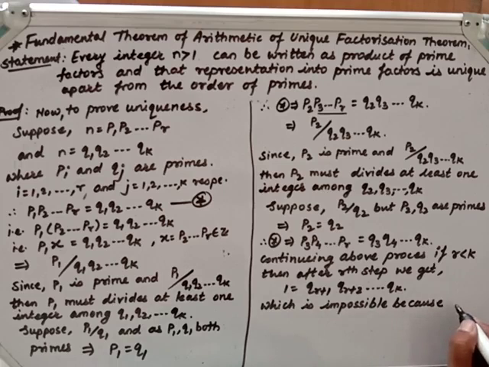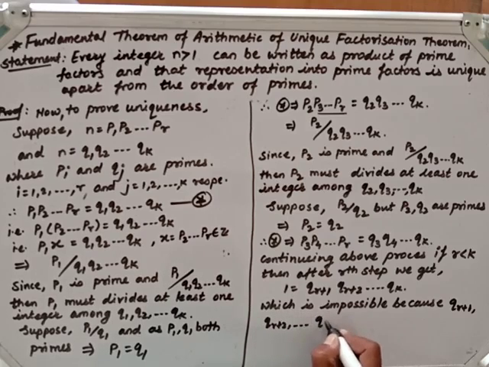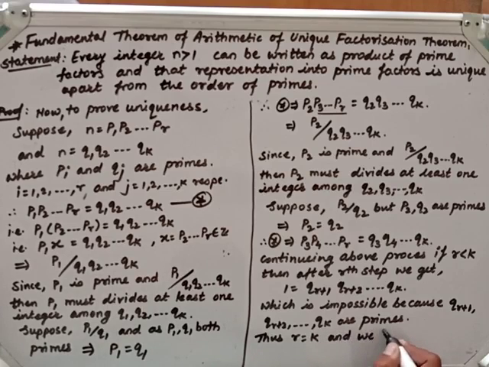So here q(r+1), q(r+2) and so on up to qk are primes. Thus r must equal k.